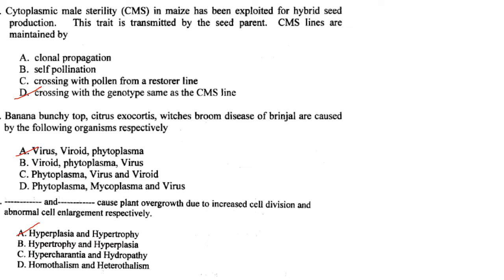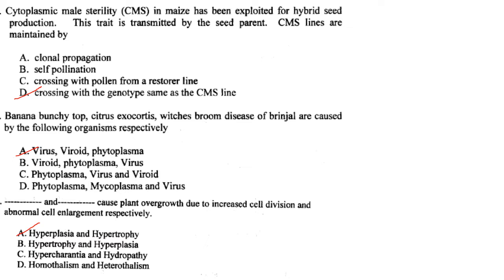Dash and dash cause plant overgrowth due to increased cell division and abnormal cell enlargement, respectively. So hyperplasia is the enlargement of plant tissue due to excessive increase in the number of plant cells produced. Then hypertrophy is excessive growth due to enlargement of individual cells.